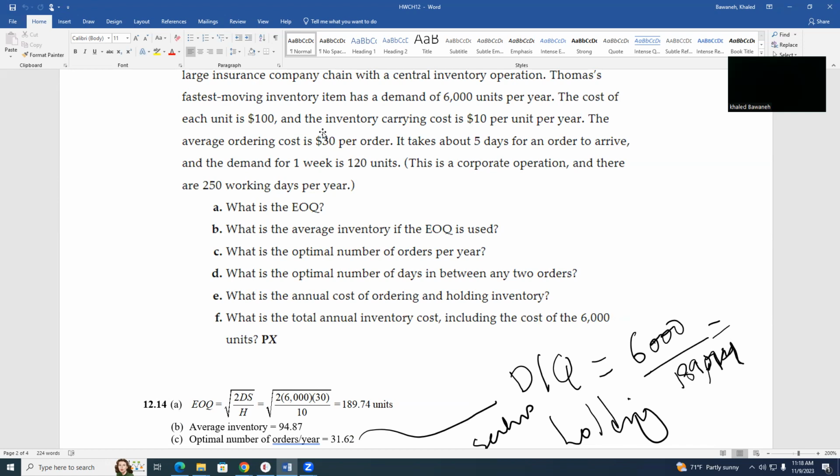Okay, so 188. What's the average inventory? For part B, the average inventory is Q over 2, which is 188 divided by 2, which is 94. The average inventory is 94.